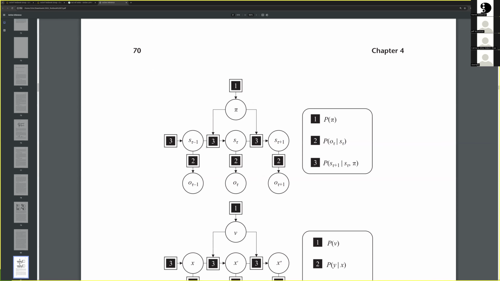And then a simpler but analogous role is played by the A matrix, which can be used to go from a given hidden state to a distribution over outcomes. So it's like, I know that my thermometer has plus or minus 1 measurement noise. So if it were really 81, then I would expect this distribution between 80 and 82. That's using it in the forward direction, like generating synthetic data.